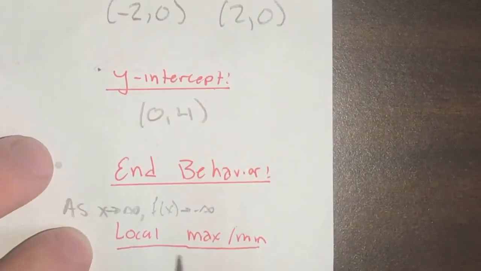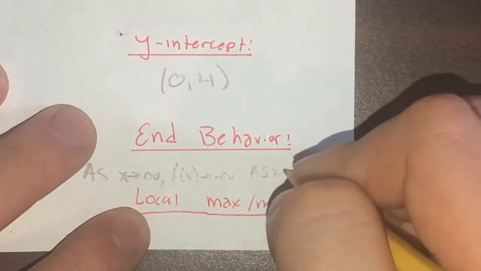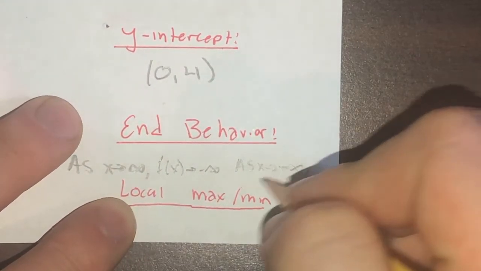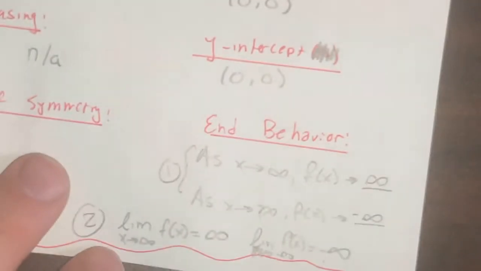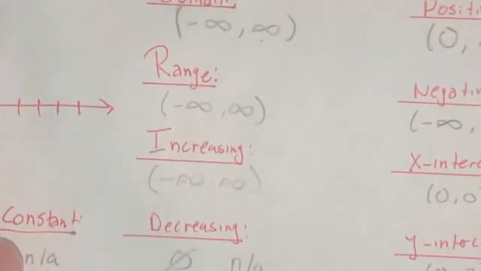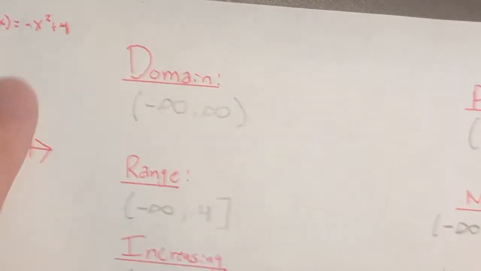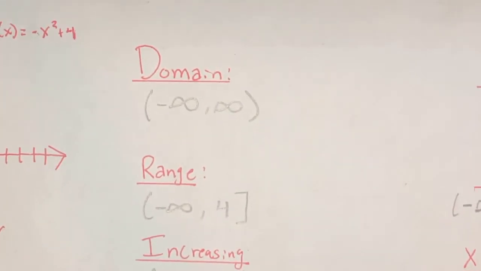Notice I did the positive infinity first. You could have done the -infinity first. That's okay. And as x goes to -infinity, f of x also goes to -infinity. So see how on the last one we had opposite end behavior, odd power. This one, even power, the end behavior is exactly the same.